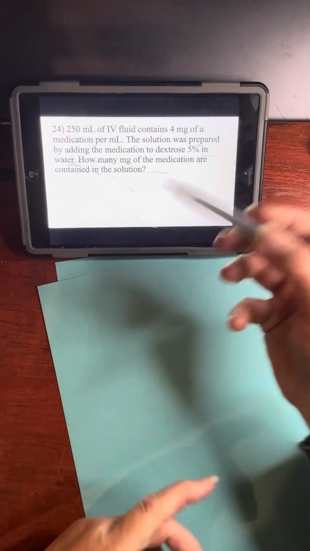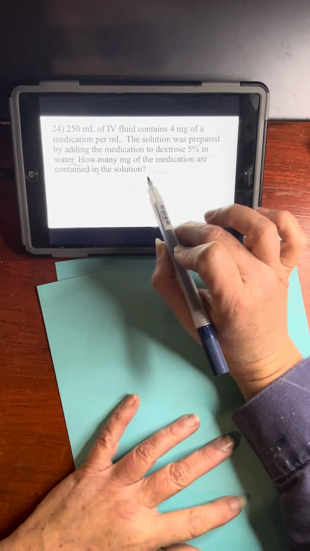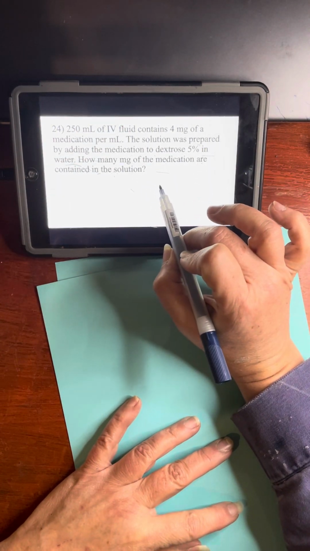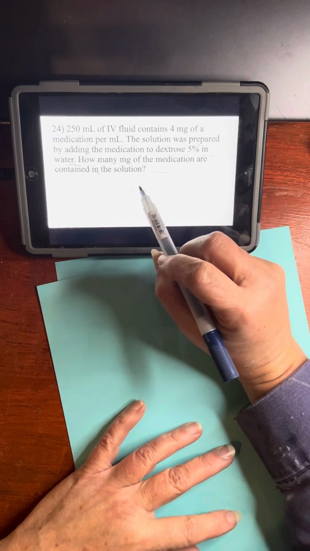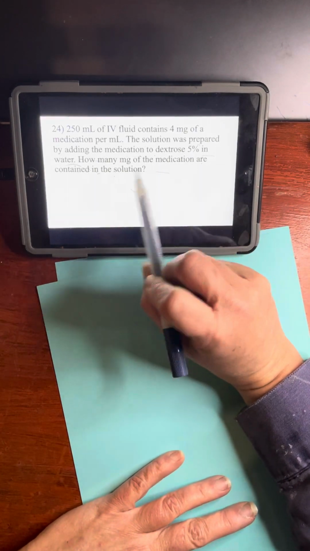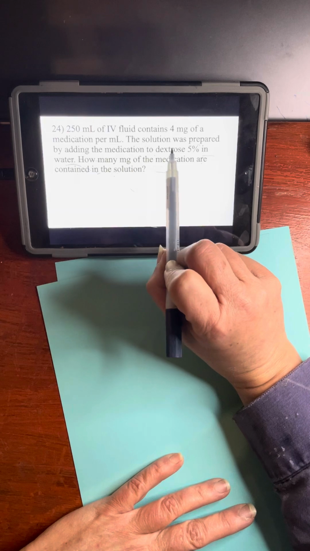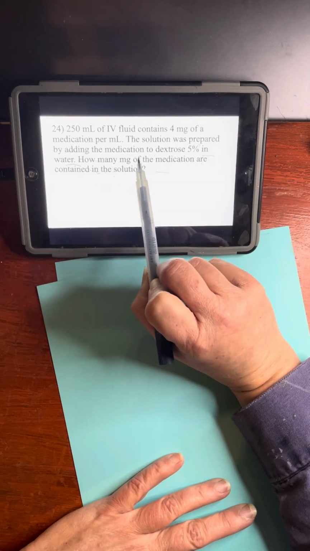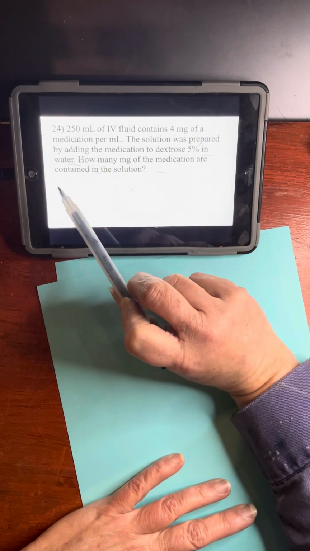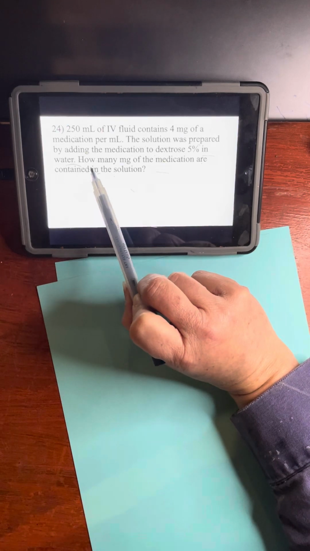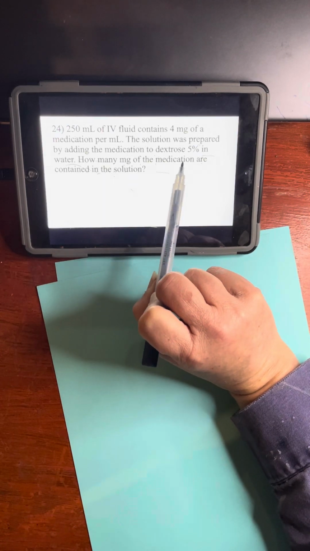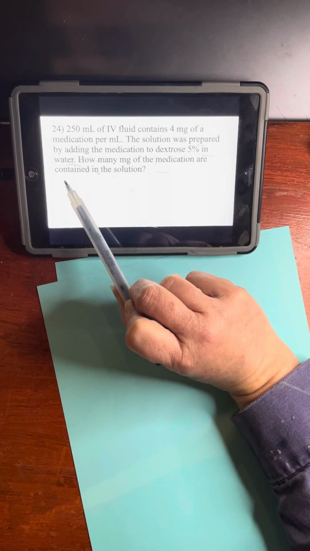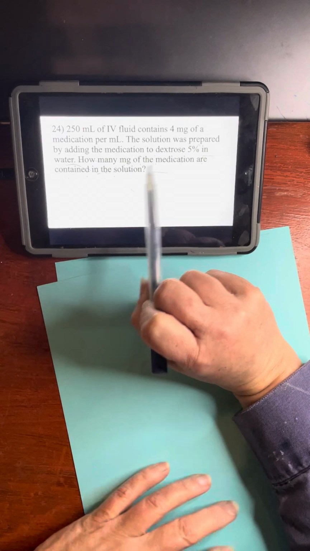You need to be able to do that and not freak out. You're going to be a nurse. Okay. The solution was prepared by adding the medication to D5W and water. How many milligrams of medication are contained in the solution?